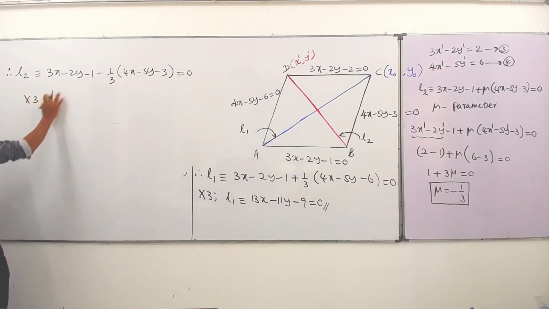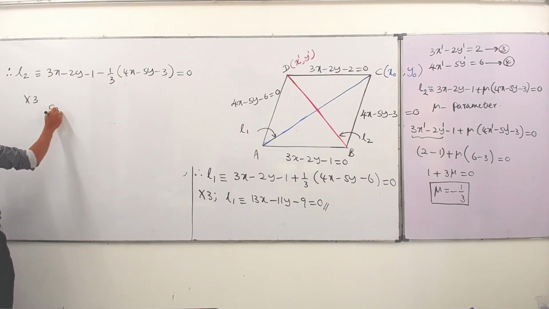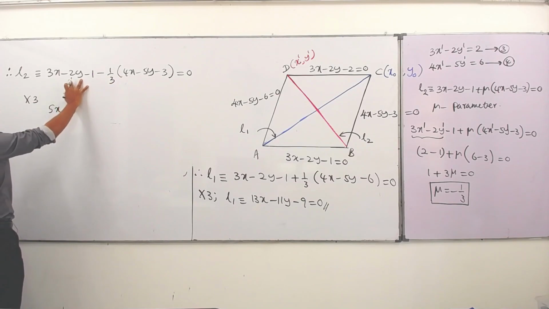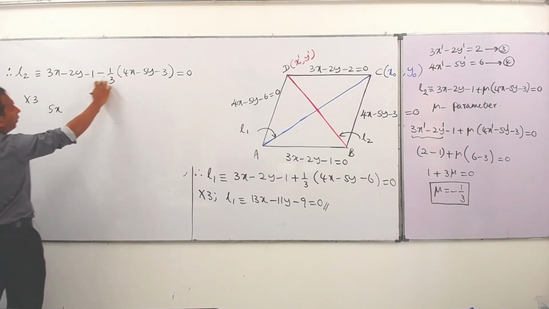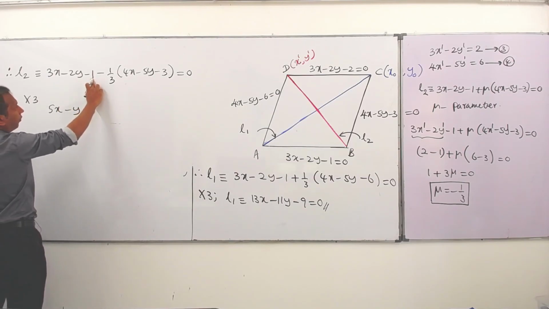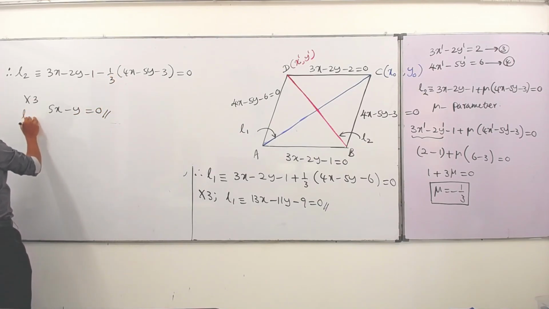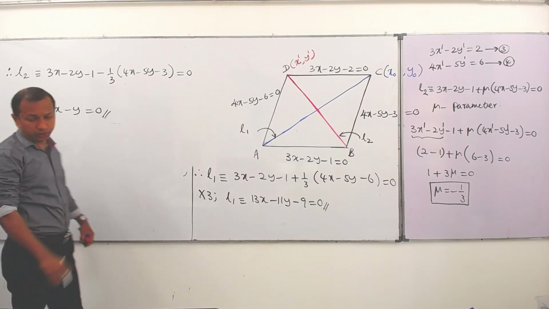Multiply by 3. Here 9x minus 4x is 5x. Minus 6y plus 5y is minus y. Here minus 3 plus 3 will be 0. This is the equation of the next diagonal L2.